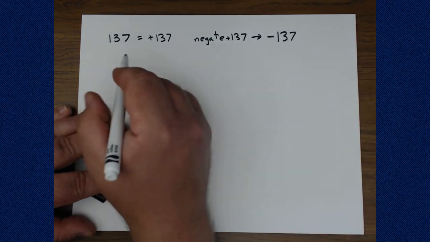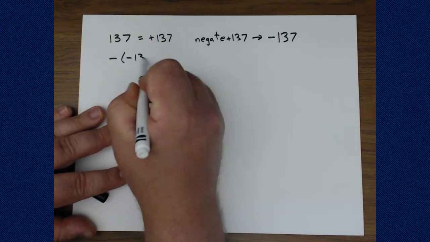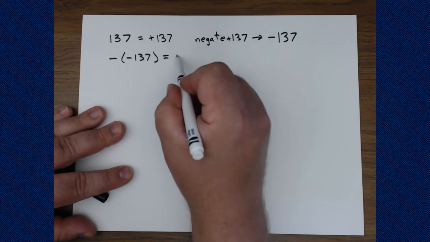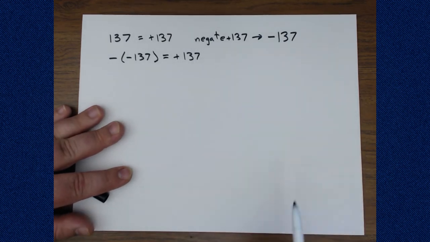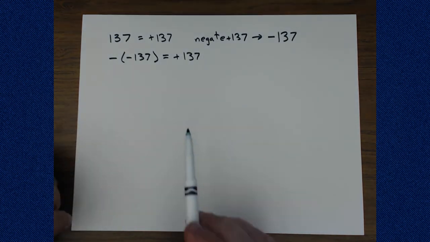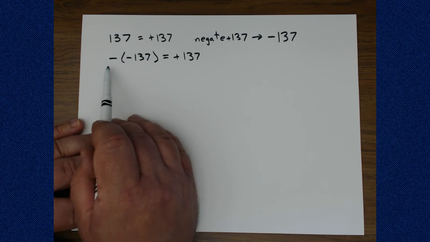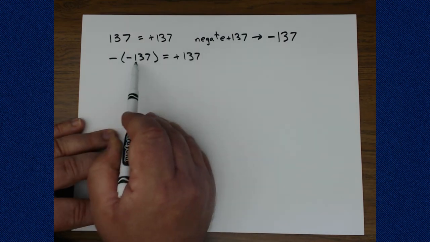Now, we can expand this and also understand that the negative of negative 137 is actually the same thing as positive 137. And this really is only worth noting so that we can remember that whatever type of number we have, whether it's already positive or it's already negative, we can still negate it.